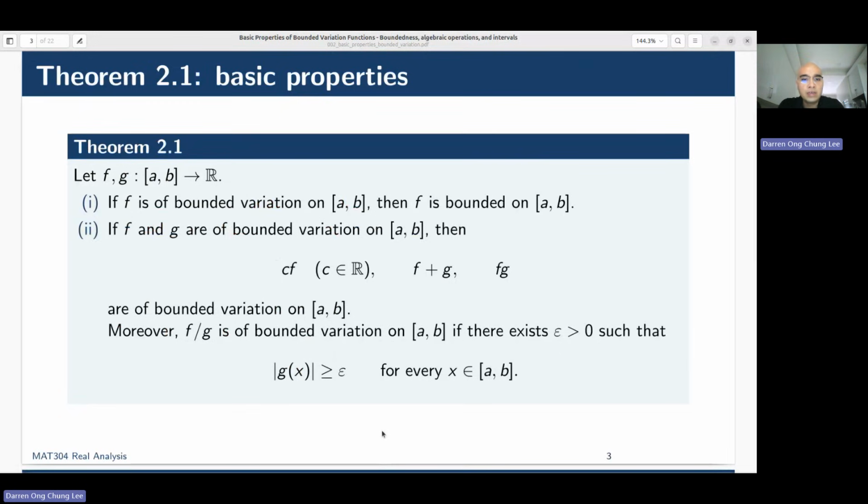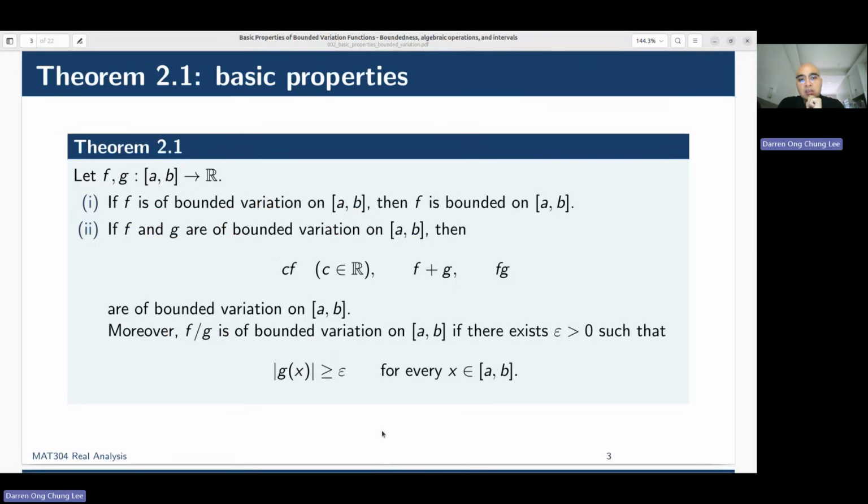So let's assume that f and g are bounded variation functions whose domain is the closed interval [a, b]. So the first fact, and we will prove this, is that if your function is bounded variation on a closed interval, then it must be a bounded function on that interval.